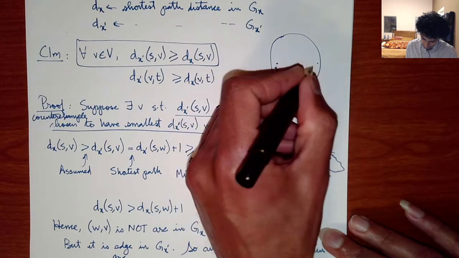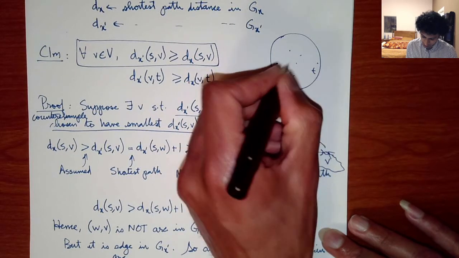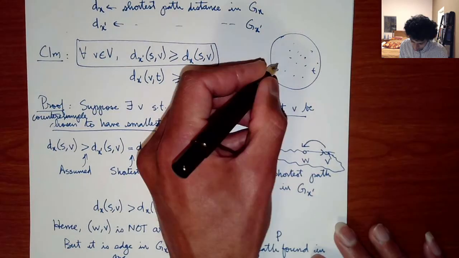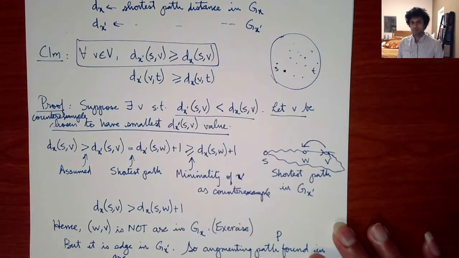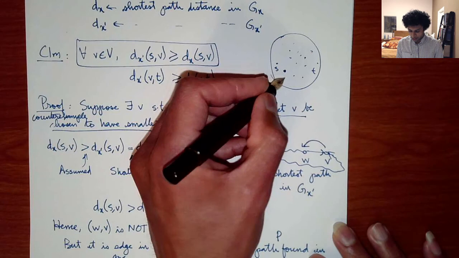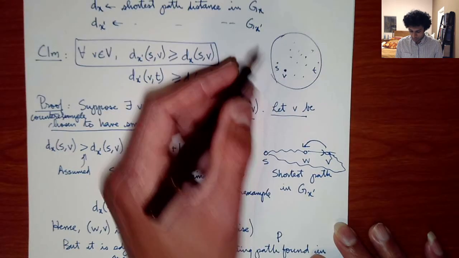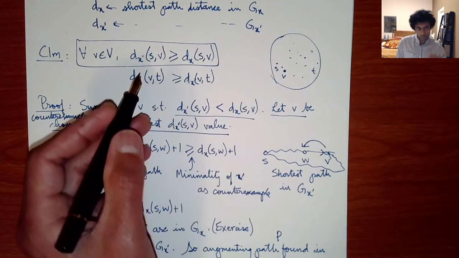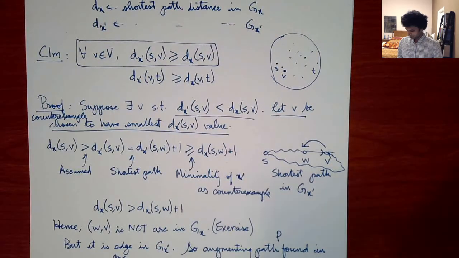Here's S and T. And there are many vertices that don't satisfy this condition. I'm going to pick the one that's closest, and I'm going to call that V. Now, why is this convenient? Because I know that anything closer does satisfy the condition, and I'm going to use that fact in my proof. Does that clarify a bit? It's like you're picking the vertex that's closest to S to get the proof to go through.